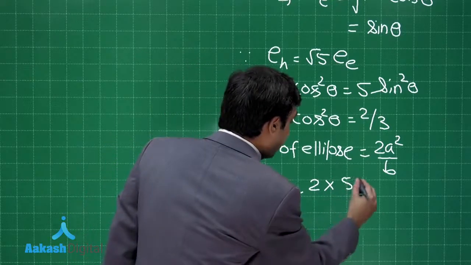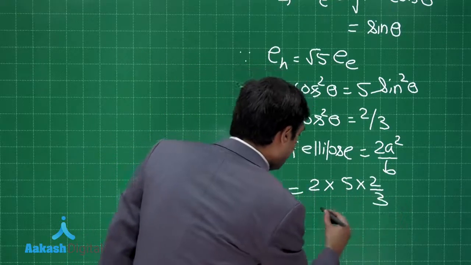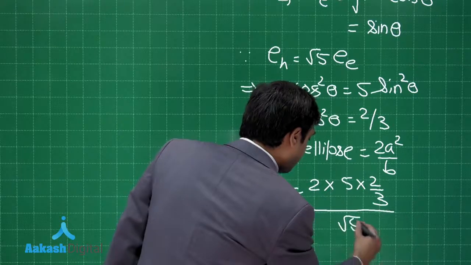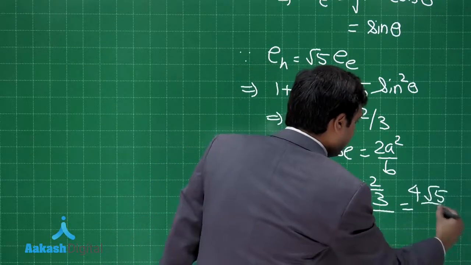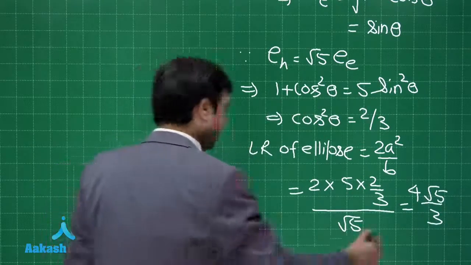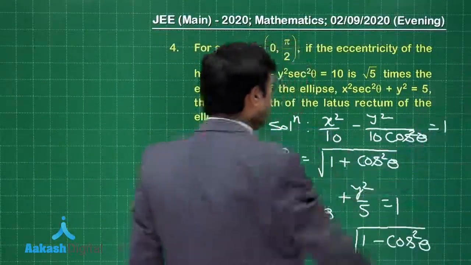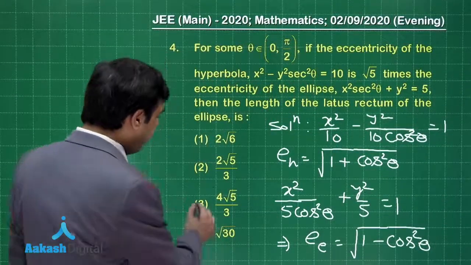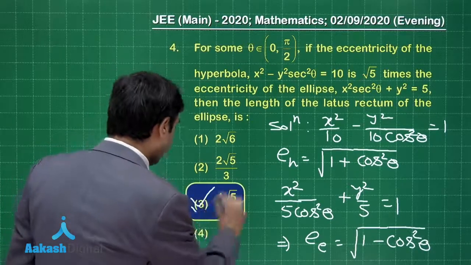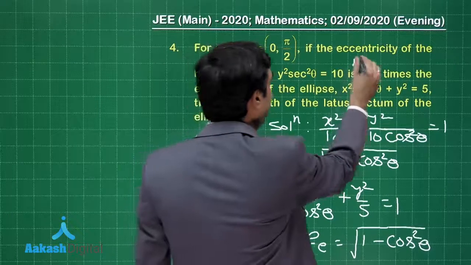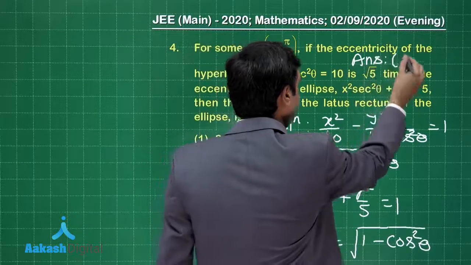So this is 5 into 2 by 3 divided by root 5, giving you 4 root 5 upon 3 units as the required result. Let's check out from the given options. 4 root 5 upon 3 is given here as option number 3. So yes, we obtain the correct answer for this question as option number 3.